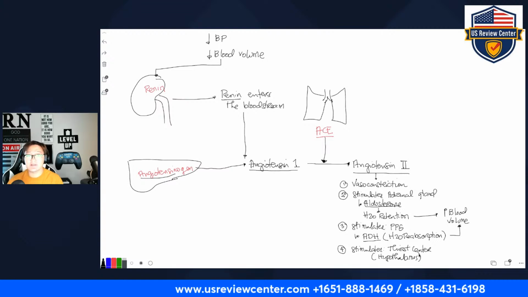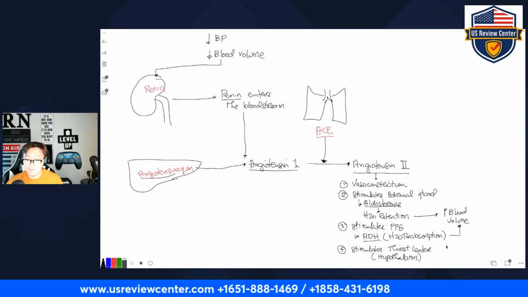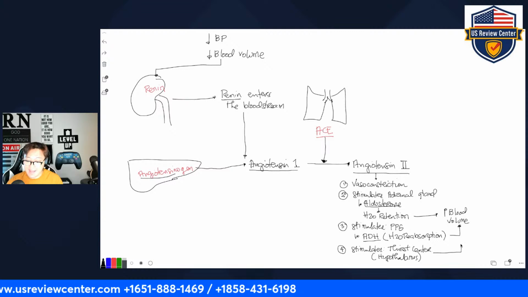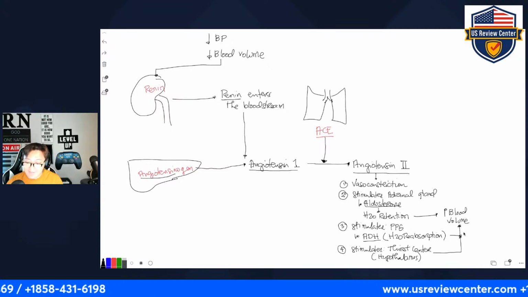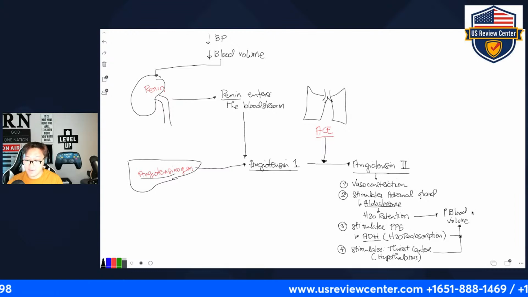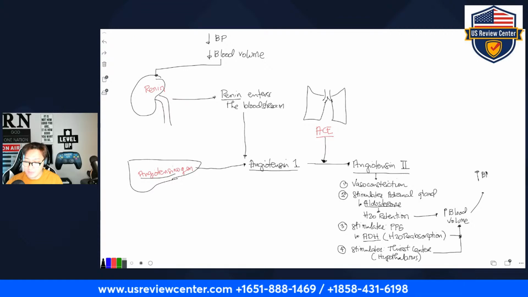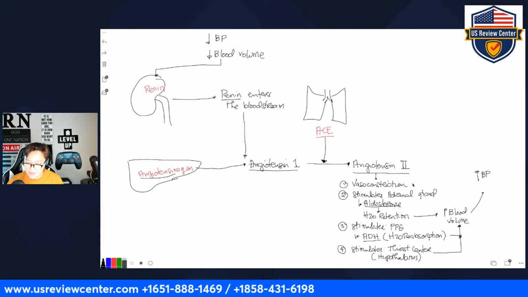So once the thirst center is triggered, you will drink a lot of water. So if you drink a lot of water, again, it increases your blood volume, right? And guess what? When the blood volume is up, what will happen to your blood pressure? It increases your blood pressure. And when there's vasoconstriction, it will also increase the blood pressure.